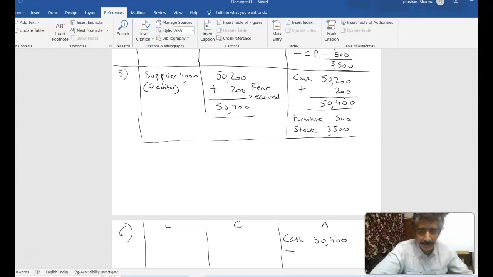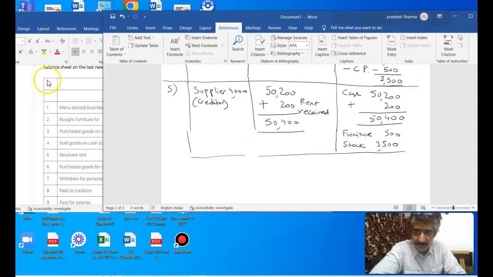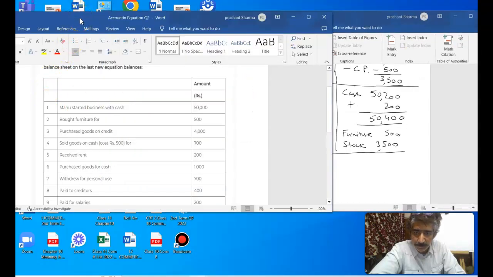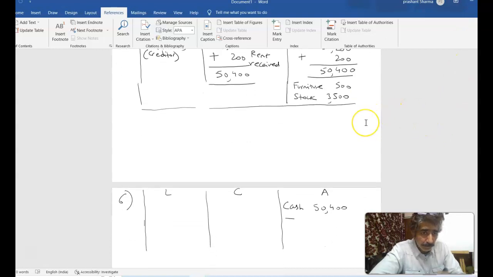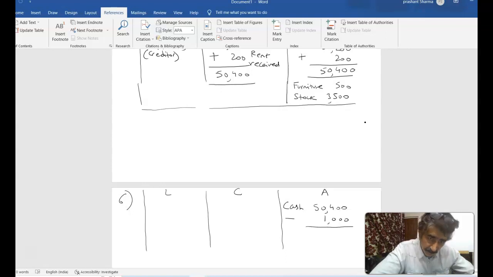I will deduct, just a moment, let me confirm the figure. Sorry, it's 1000. Purchase goods for cash, rupees 1000. Okay. So I'll minus 1000 from cash.